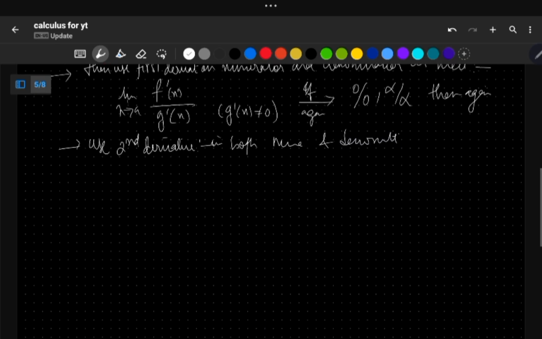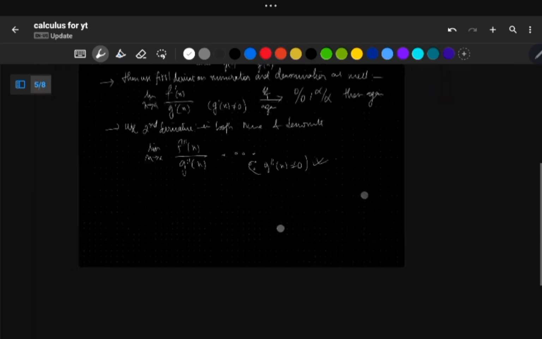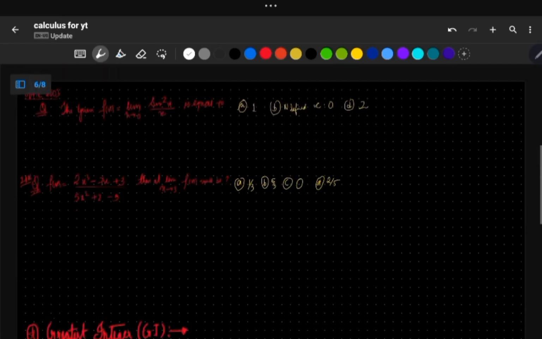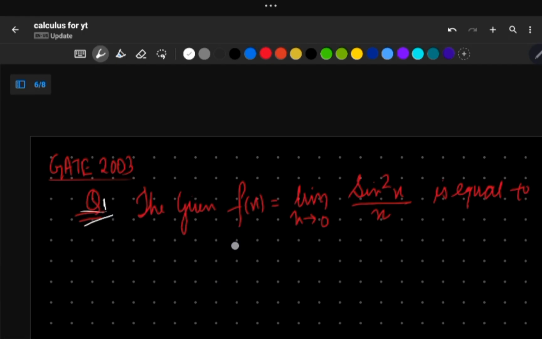After that your function becomes limit x tends to a of f double dash x by g double dash x, provided g double dash x is not equal to 0. We continue this process till it is no longer in indeterminate form. If the L'Hospital rule is clear, let us solve some examples and questions that have appeared in GATE. The first question appeared in GATE 2003.